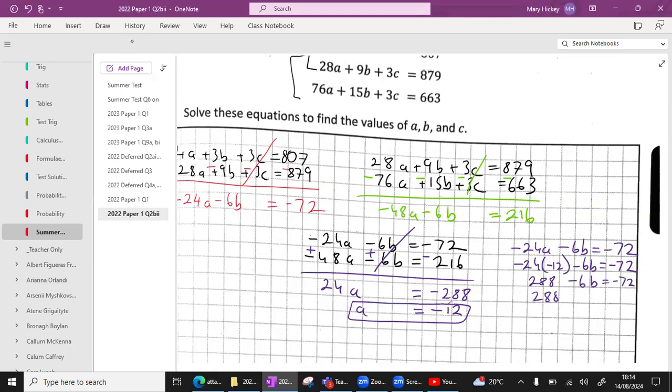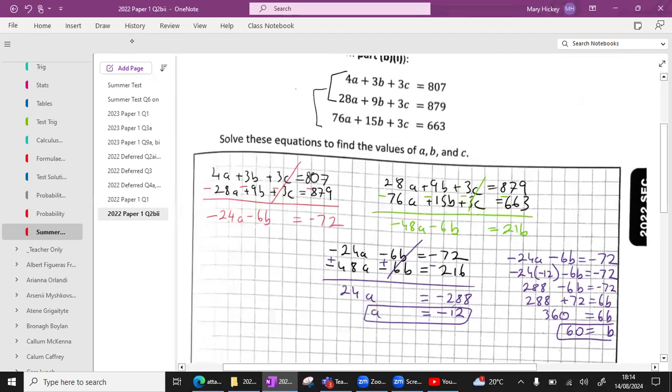So that's 288 plus 72, and that's 6b. So just add that up there. That's 360, so that is going to divide in and give us 60. So b is 60.